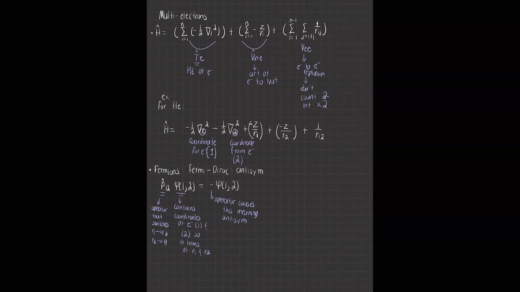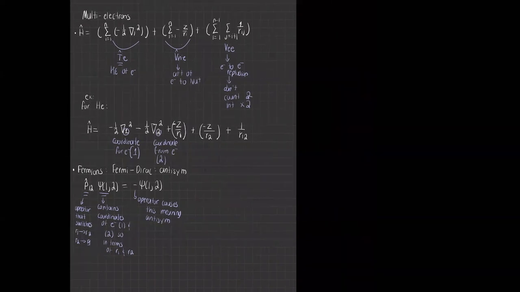And if you have 2 electrons and you were to exchange them in space, their wave function must be negative as a result. And this will go more in detail on the next page.